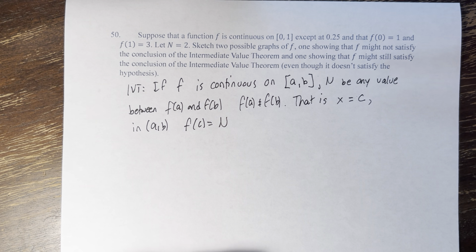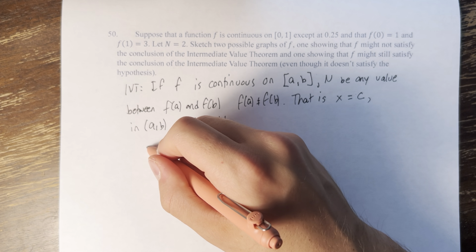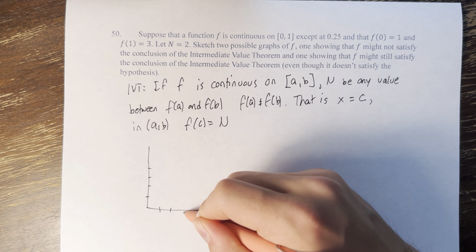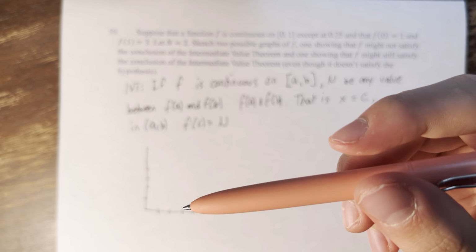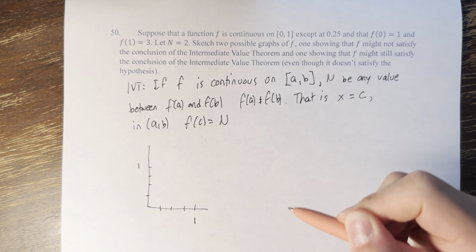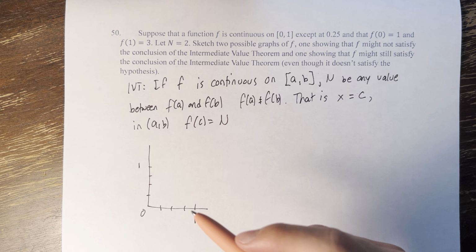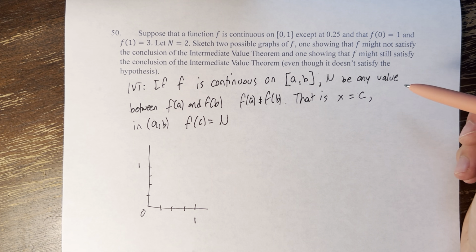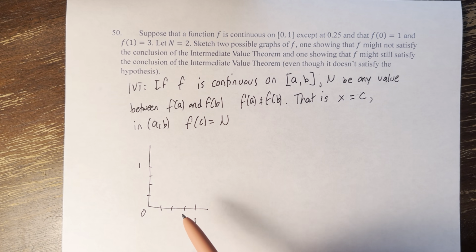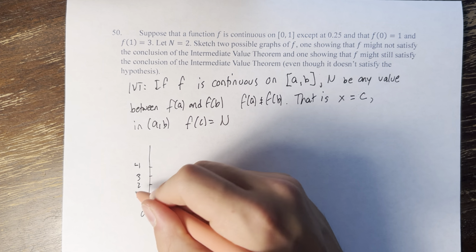So this is basically saying, let's graph this. If we're looking at our function and it's continuous from 0 to 1, we can say f of 0 equals 1. On the y-axis, we're going to need a little more room, so we're going to have different scales.